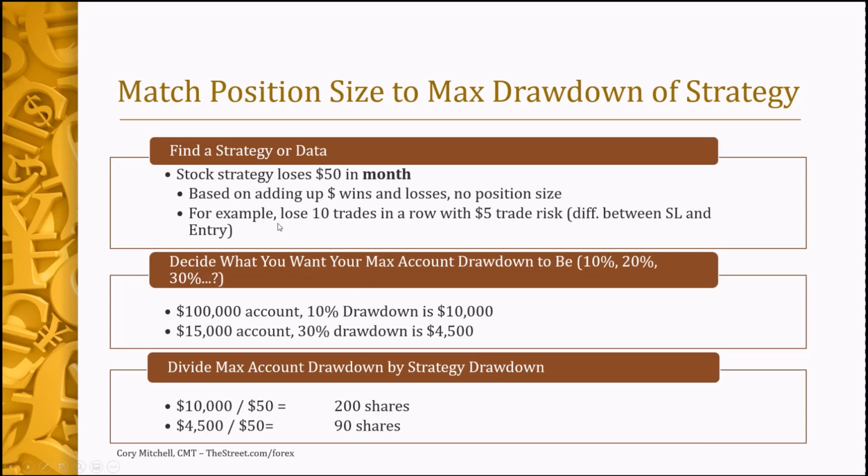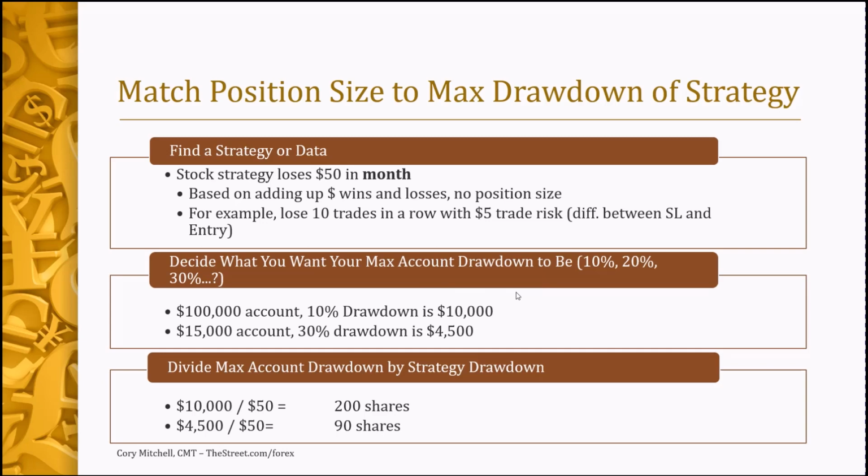For example, if the worst drawdown was you lost 10 trades in a row, losing $5 on each trade, that'd be equivalent to buying at $300 and selling at $295, a $50 loss. If that's your biggest drawdown, that's the amount we're going to use. Then again, you just decide what your drawdown is going to represent of your account.